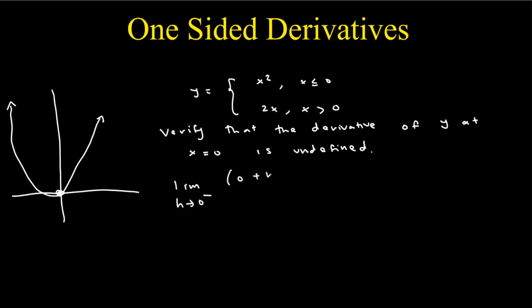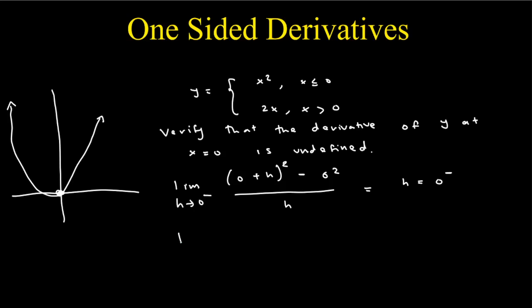0 plus h, again I'm plugging in 0 for x, minus 0 squared, we can square this, all over h is equal to just h, which is 0, from the negative side.